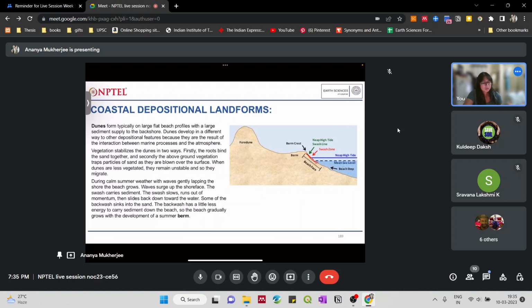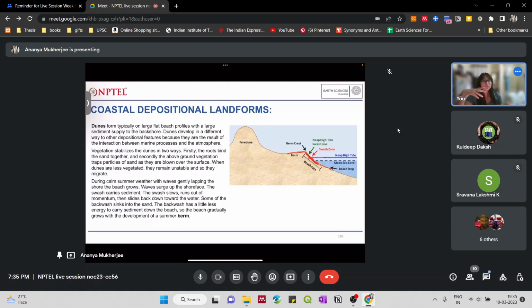So sediments are being deposited, then again due to swash action, some part of it is getting taken back to the shore. So that is why there is deposition also, but you will see that this deposition has a very steep face. So the beach face is very steep.